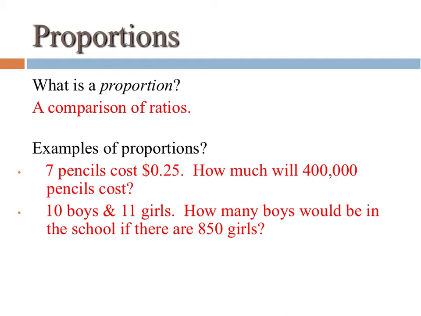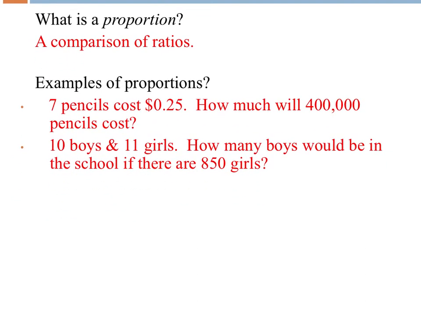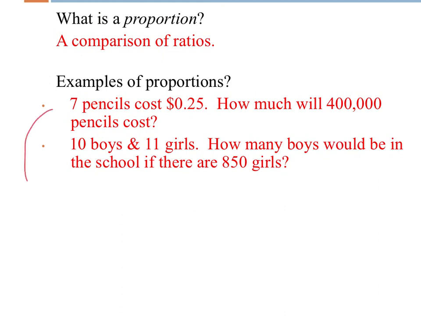If 7 pencils cost 25 cents, how much will 400,000 pencils cost? 10 boys and 11 girls. How many boys would be in the school if there are 850 girls? So I'm actually going to set these up for us here. When I set up a proportion, so if I do 7 pencils to 25 cents, I have to follow that same pattern on the right side.